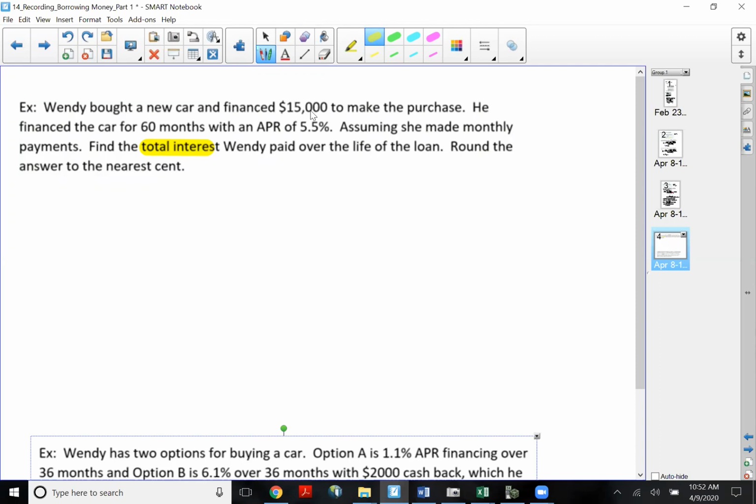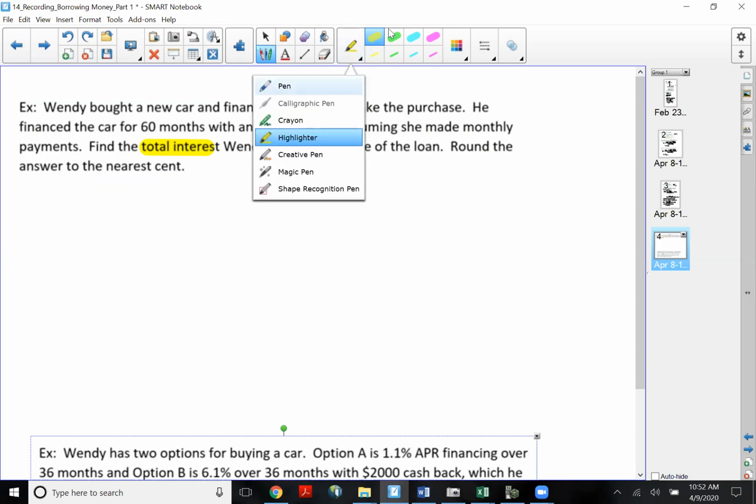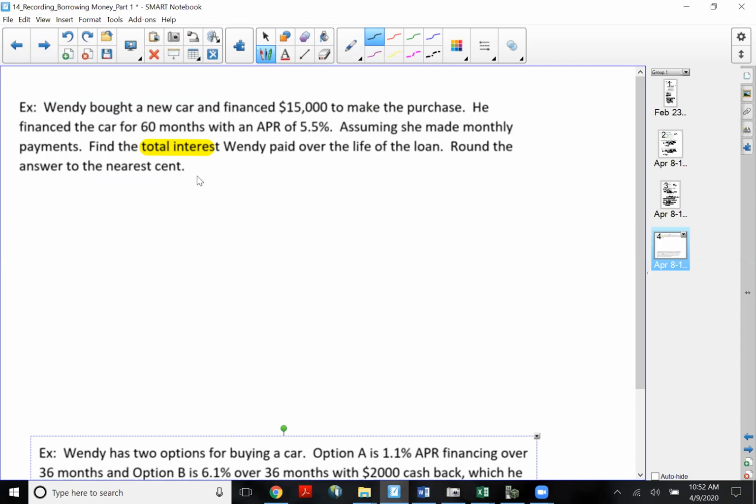So how do I find out what her total payoff is? Well, we need the payments. We need to figure out the monthly payment first before we can figure out the payoff. Remember in the formula, t is in years. So 60 months is 5 years. Her payment is going to be parenthesis, her principal.